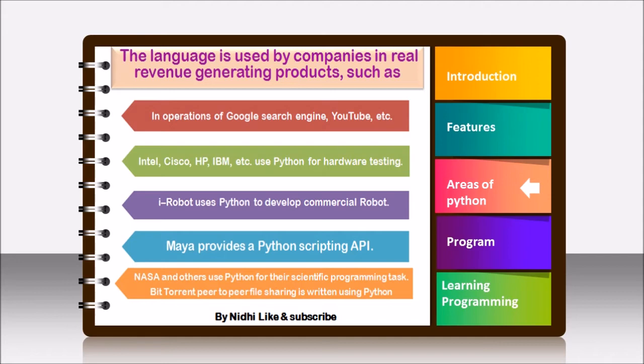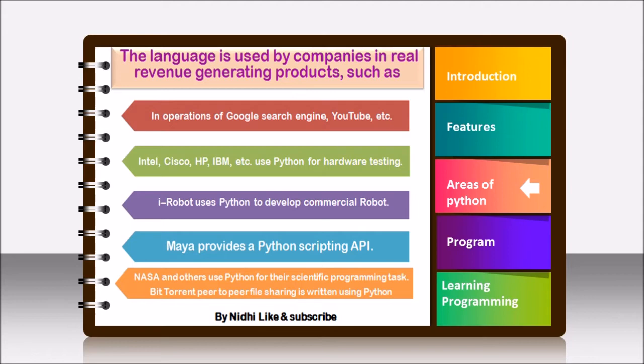Apart from this, iRobot uses Python to develop commercial robots. Maya provides a Python scripting application programming interface to interact with the users. And NASA and other institutions are also using Python for their scientific programming tasks, and BitTorrent peer-to-peer file sharing is also written in Python.